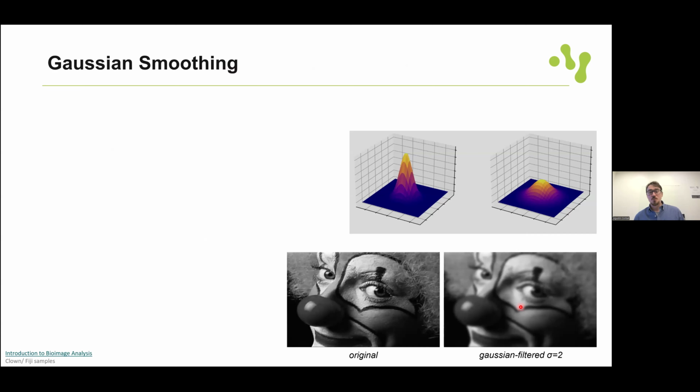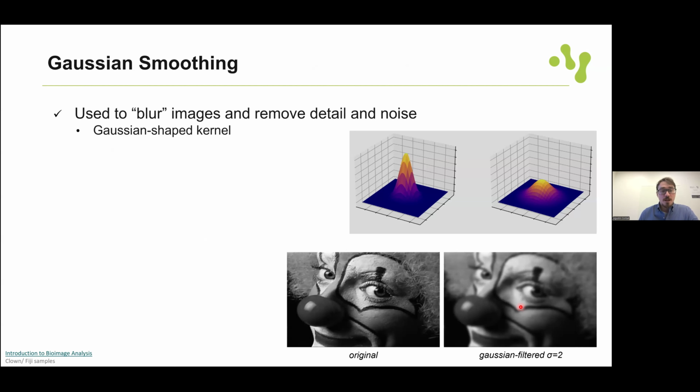Another typical filter is what's called Gaussian smoothing, and this is mostly used to blur images. It's called Gaussian smoothing because the shape of the kernel is a Gaussian. This is how it would look if you were to look at the intensities in 3D.